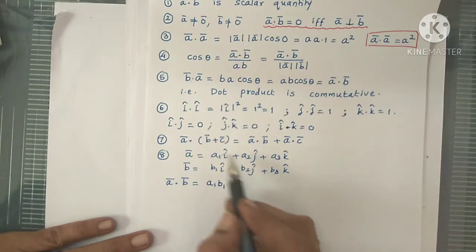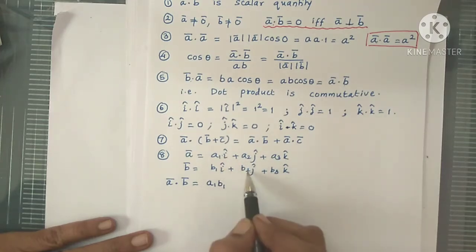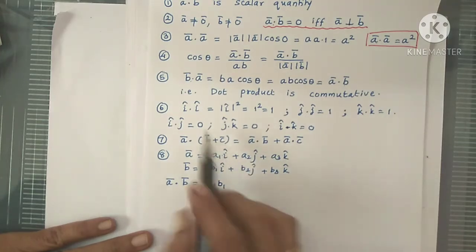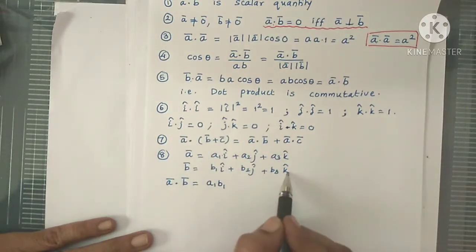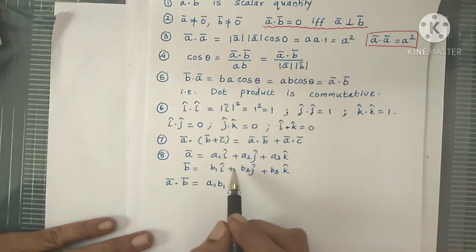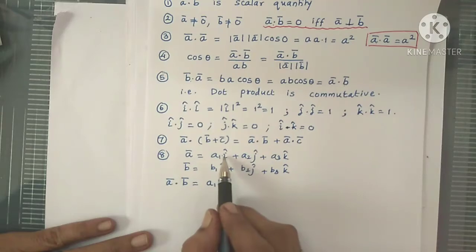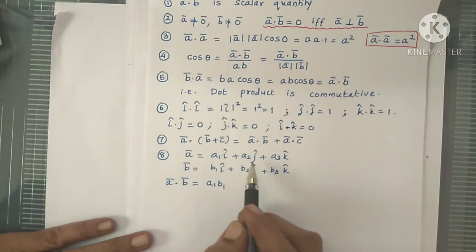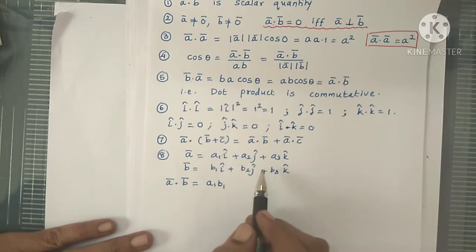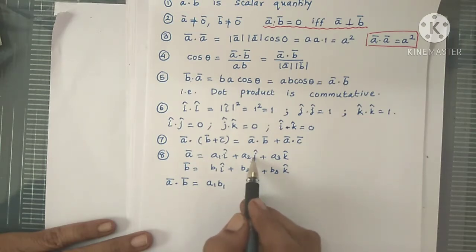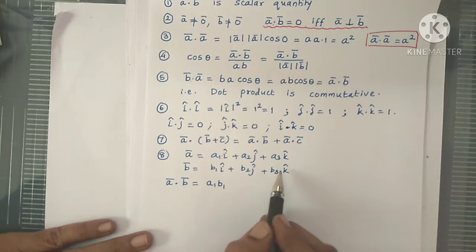If I take the dot product of the other two terms, there we will have i dot j, but i dot j is 0, i dot k is also 0. So whenever we take the dot product of a1 i with these three components, we get only one term, the first term, which contains i dot i, and that is a1 b1. Similarly, when we take the dot product of a2 j with these three components, we get the term which contains j dot j, because in the remaining two we have j dot i and j dot k which are 0.